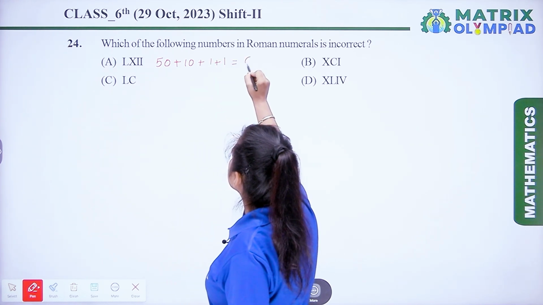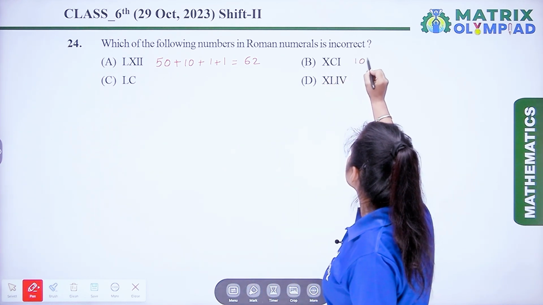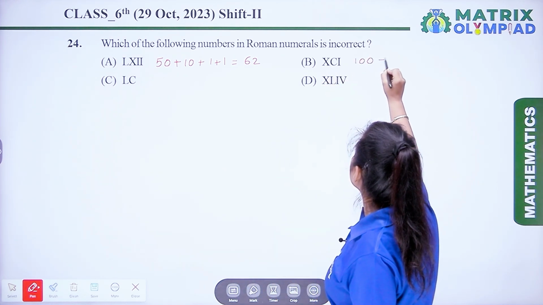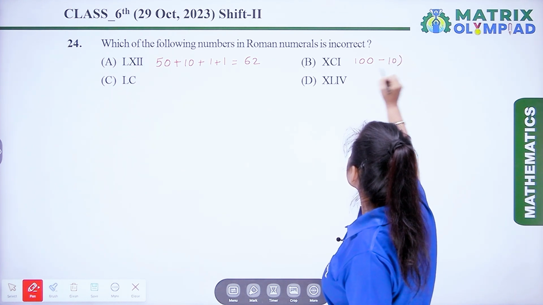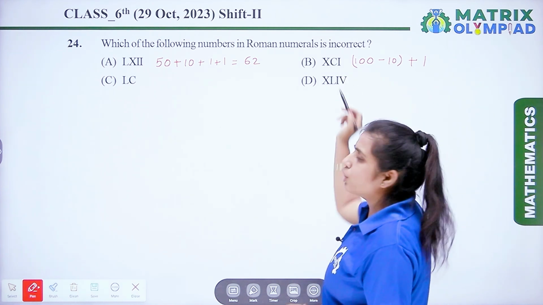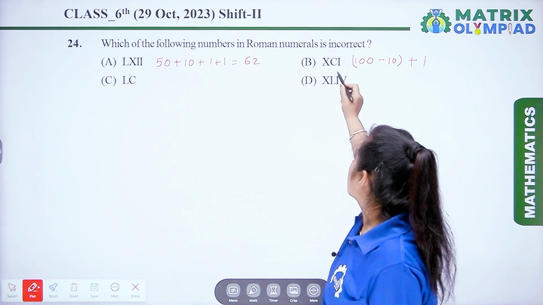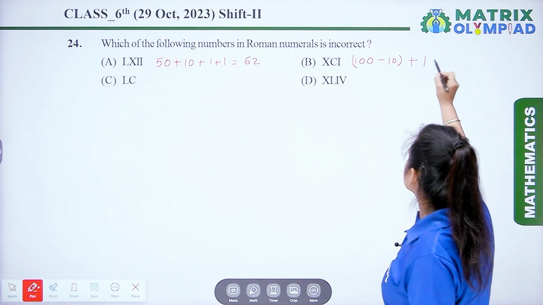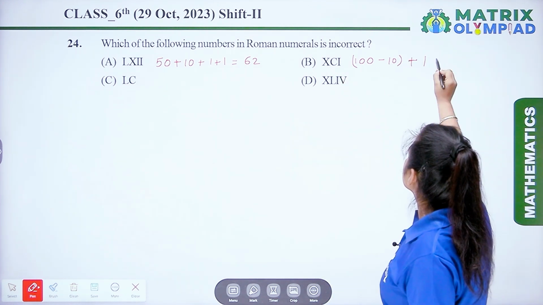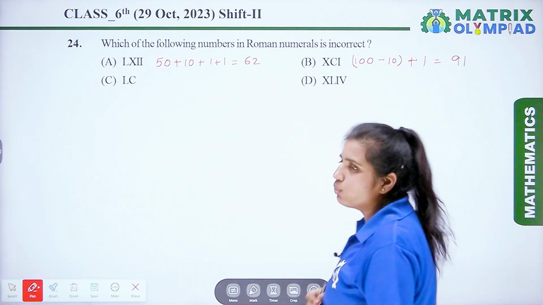So it is 62. Now this one is 100 minus 10 plus 1. According to the rule, when a smaller number is on the left-hand side of the bigger number, it is subtracted. So here the number is 90 plus 1, that is 91.